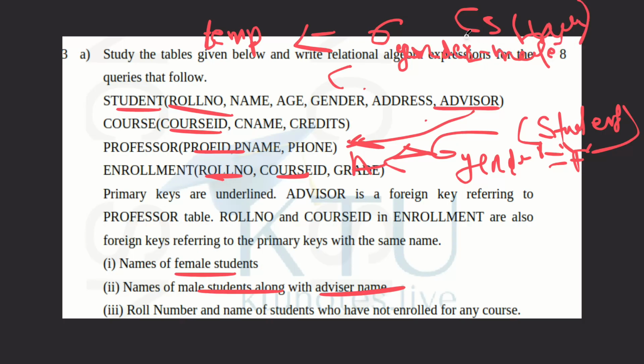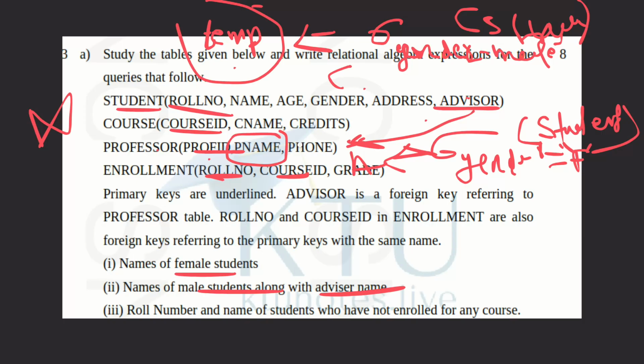I know you can understand what I write right now. From this temporary table you have this advisor. Now the temporary table's advisor and the professor's professor ID, you're going to do an equi join, and when the temporary's advisor is equal to the professor's professor ID, we create a new table, let's say temp2, and in temp2 I'm going to project the P name.